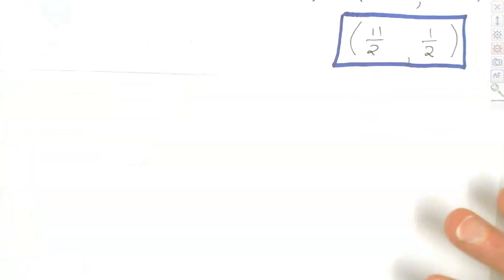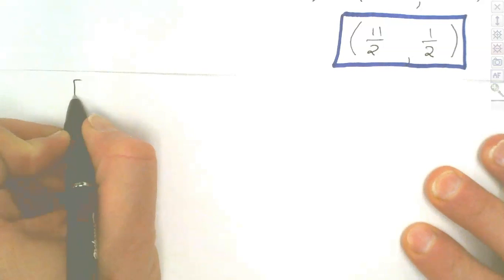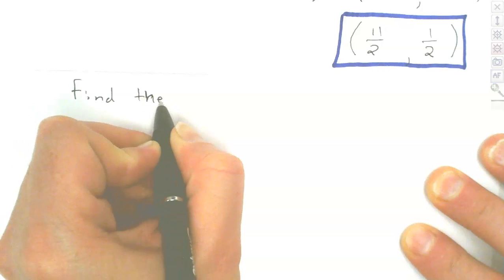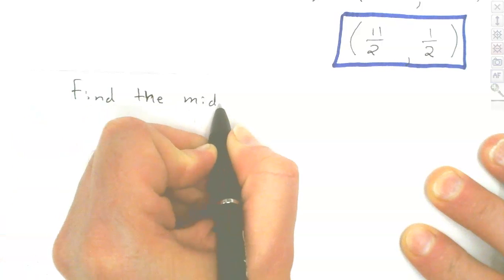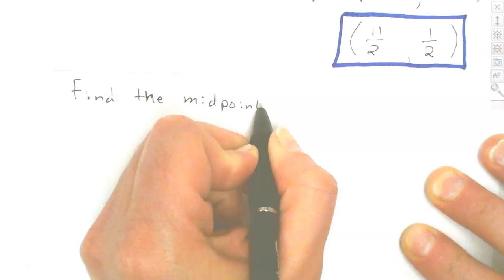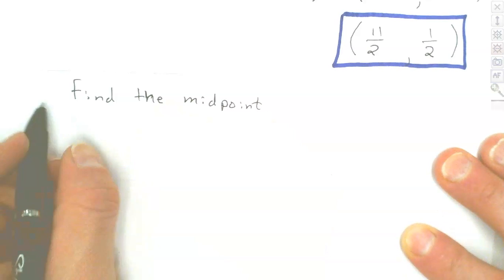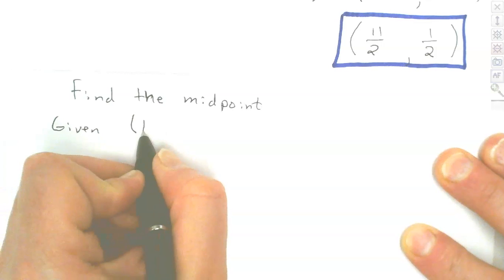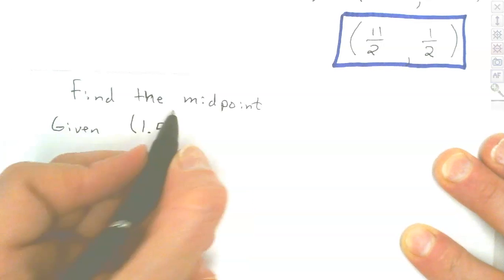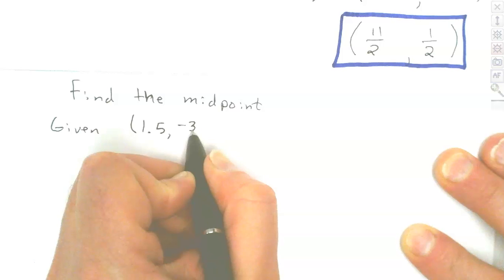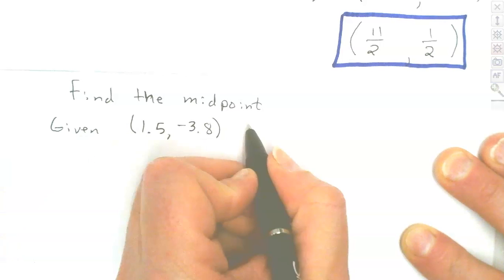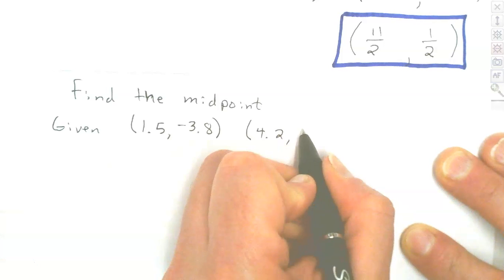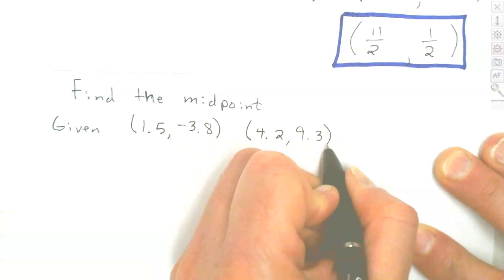Okay, so let's go ahead and again find the midpoint. And let's say you're given 1.5 comma minus 3.8 and 4.2 comma 9.3.